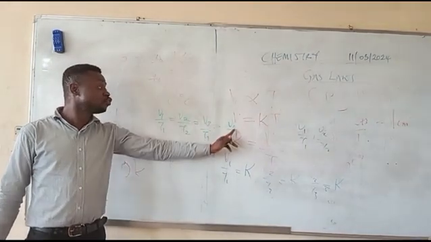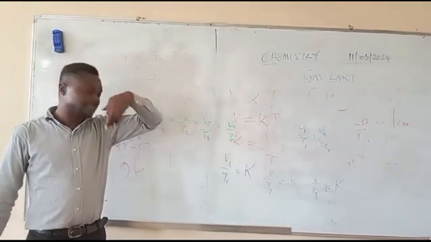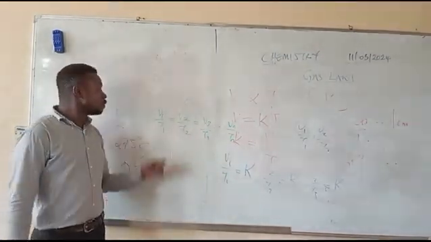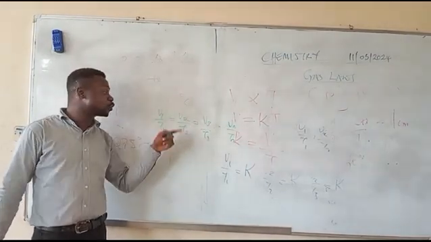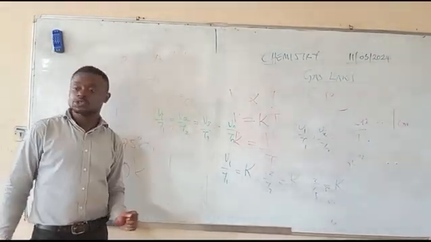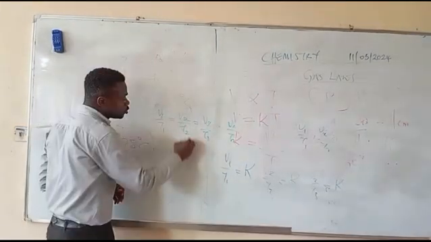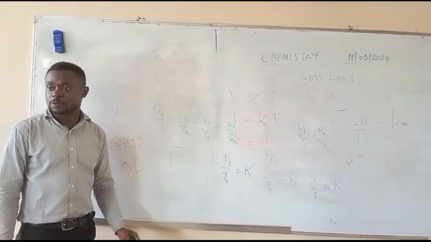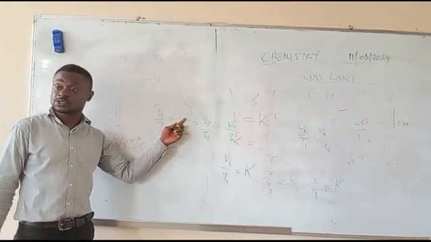This can be V200 over T200, to infinity. So V1 over T1 will always be equal to V2 over T2. To make it simple, you now choose only the first proportion: V1 over T1 is equal to V2 over T2.